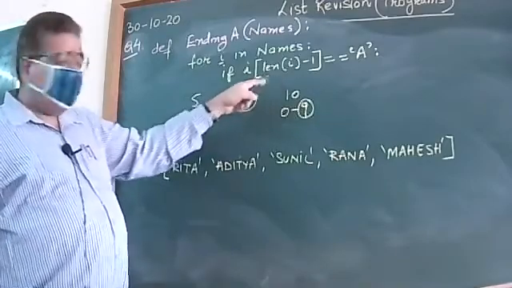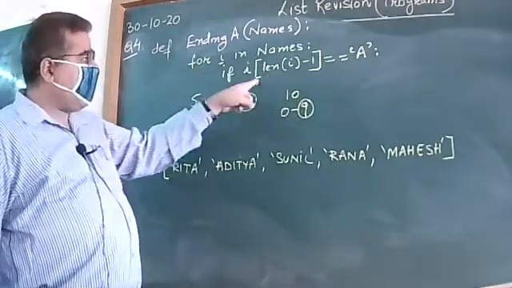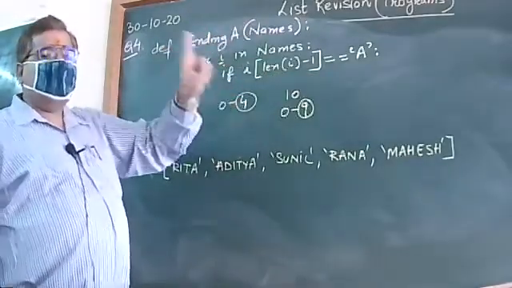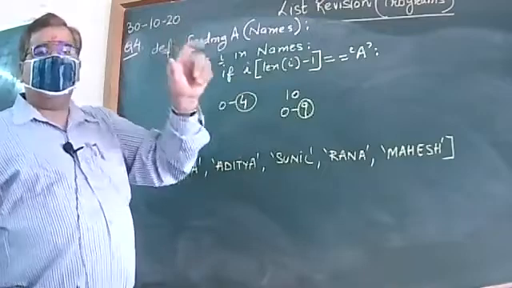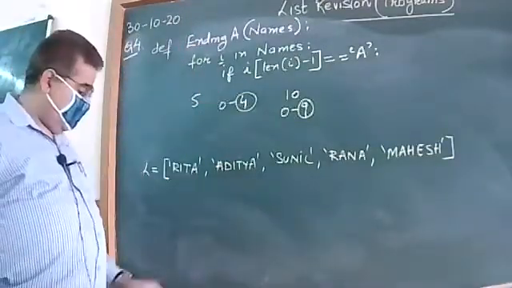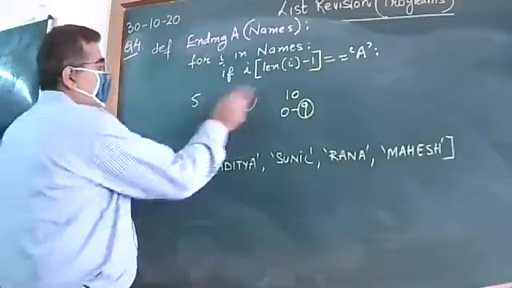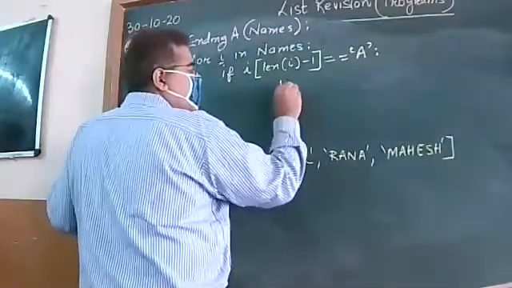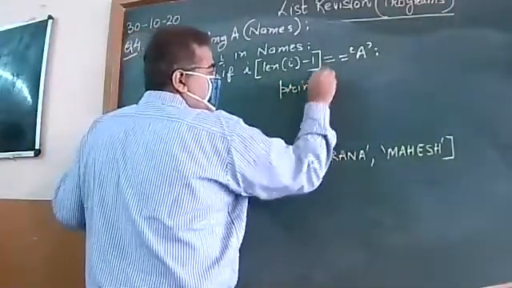And with the help of square bracket, I am trying to access the last character of each individual string. Right? So if it is A, that very string should get print.